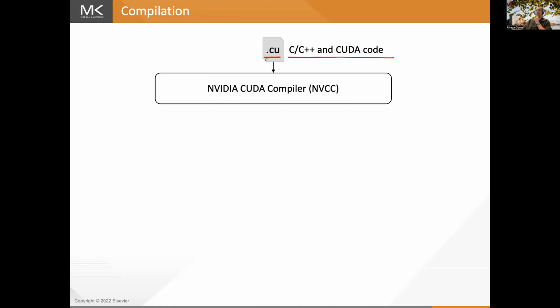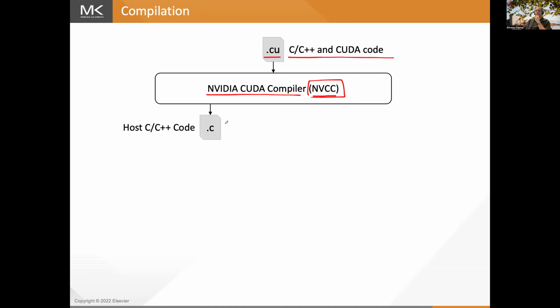Then, after you've developed your program, you use the NVIDIA CUDA compiler, or NVCC, which is installed when you install your CUDA toolkit. You use NVCC to compile this .cu file, and NVCC decomposes your code into the pieces that are in pure C and C++.